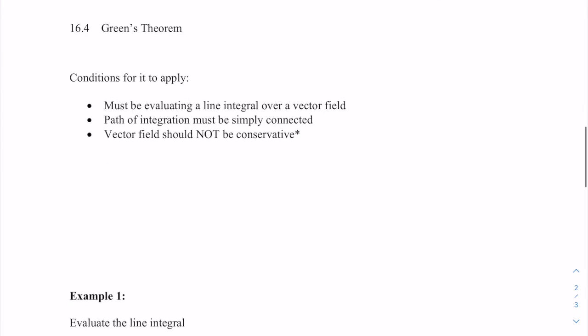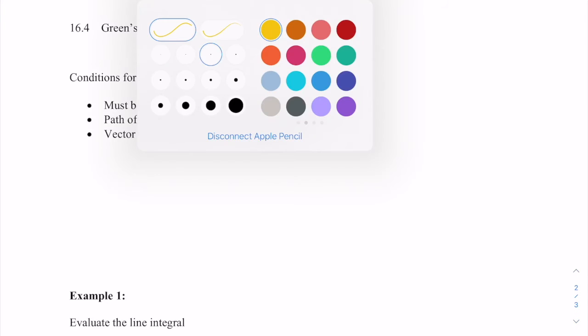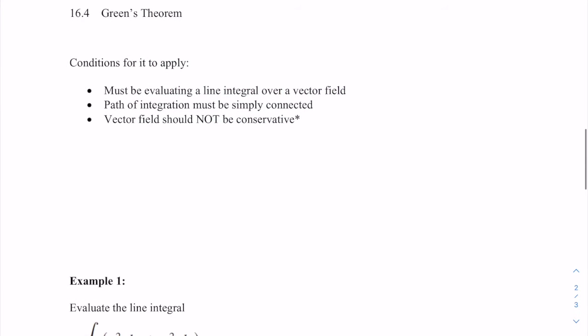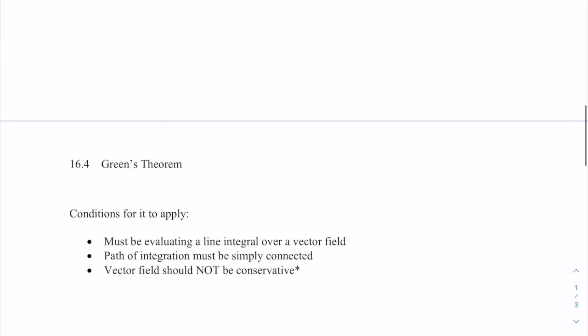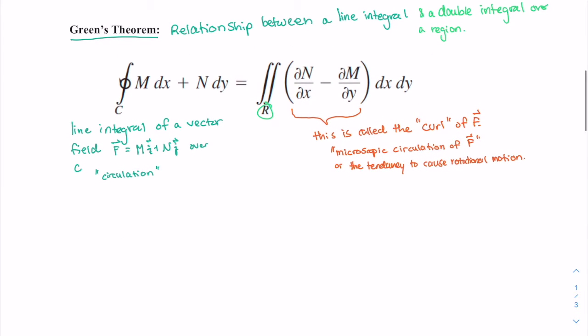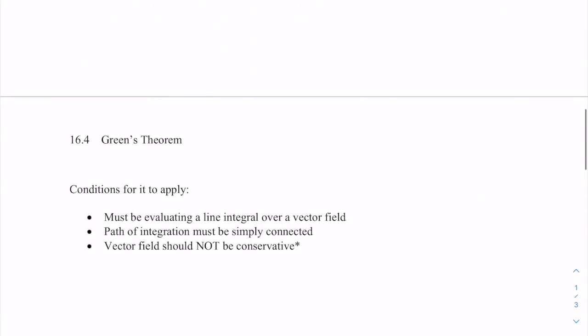So here are the conditions to apply and use Green's theorem. A couple things must be met. You must be evaluating a line integral over a vector field, right? That is just the left-hand side of the equation. The path of integration, that's C, must be simply connected.